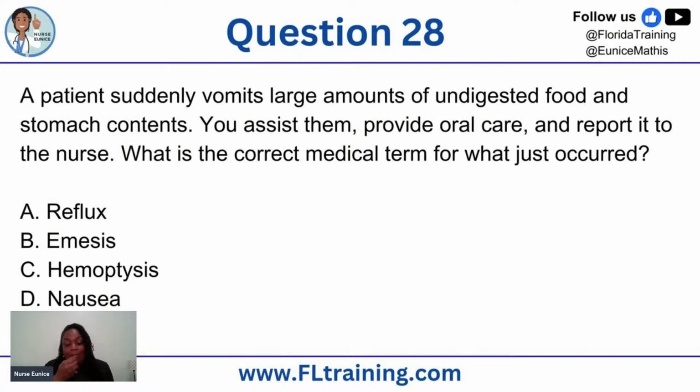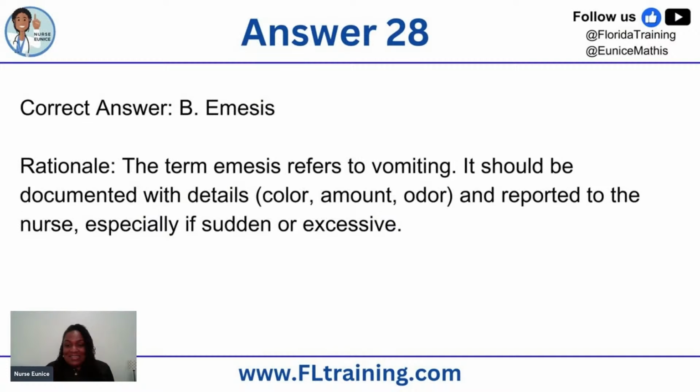So that would be reflux. It did come up, but it didn't necessarily come out. Once someone starts vomiting and the stomach contents are coming out of their body, that would be emesis. That's right, like Diamond. Reflux is a burning sensation. So acid is coming back up, but this was undigested food and stomach contents. So the correct response is B.